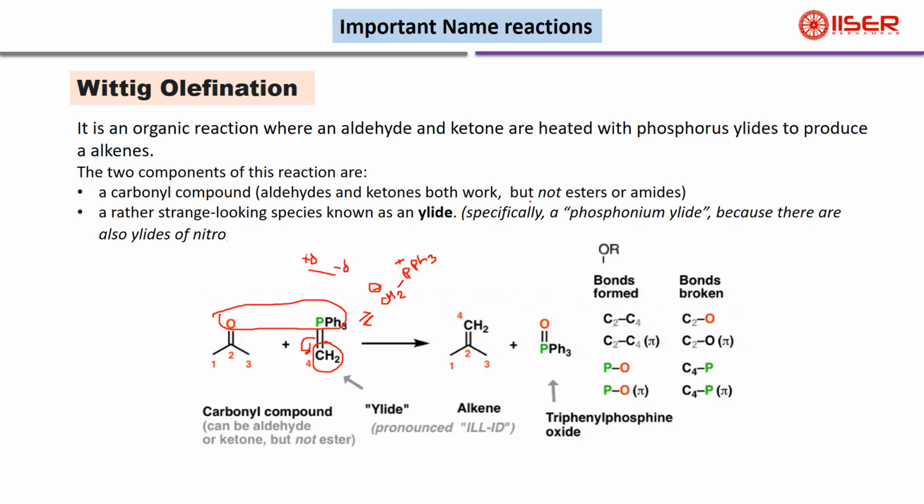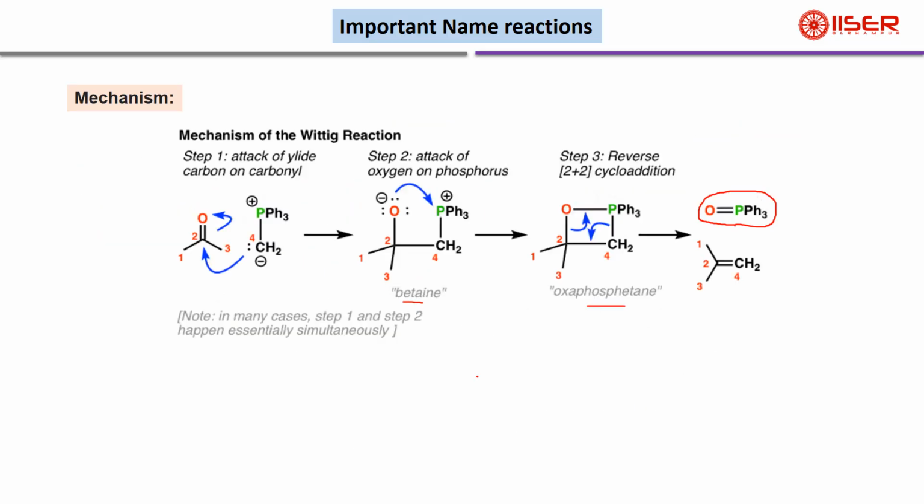And phosphorus ylide means one of the atoms in the ylide is phosphorus. This is our phosphorus ylide with a positive charge on phosphorus and negative charge on carbon, and this carbon will attack the carbonyl compound and form this alkene. This is called the Wittig reaction.